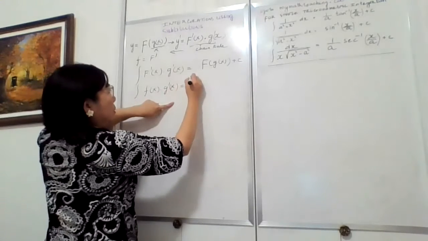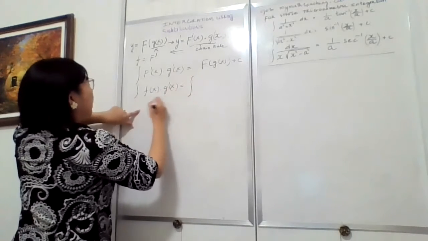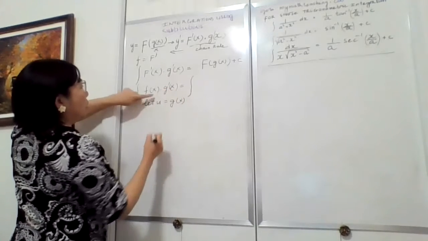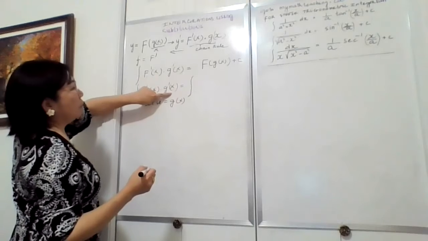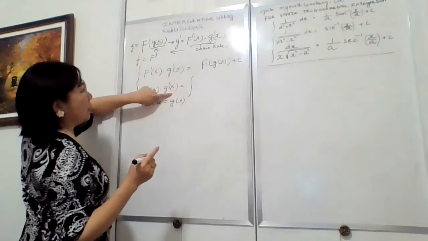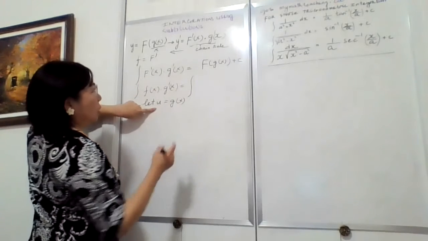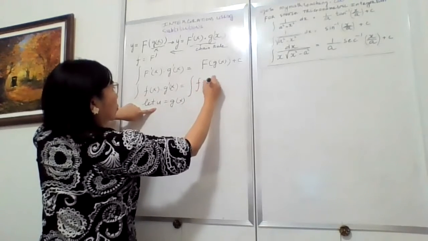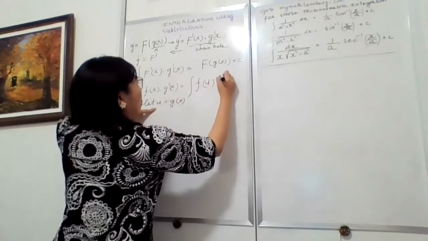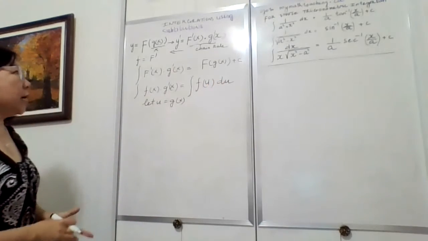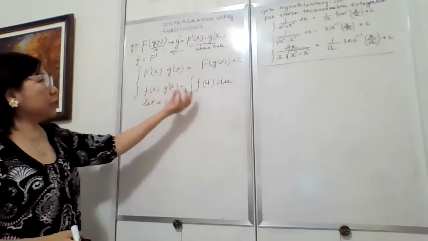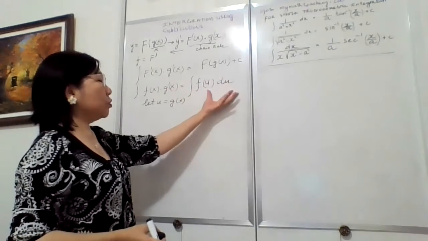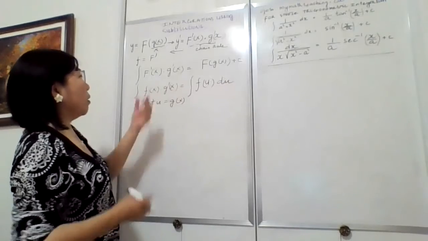When we substitute, we say let u equal g of x. So we replace the inner function by the letter u. Then we make a new function, which is f of u du. We retain that the inner function is now a new function, and we just integrate f of u du in this form.